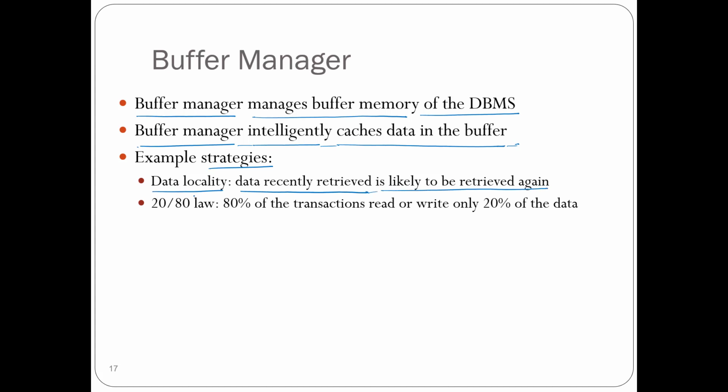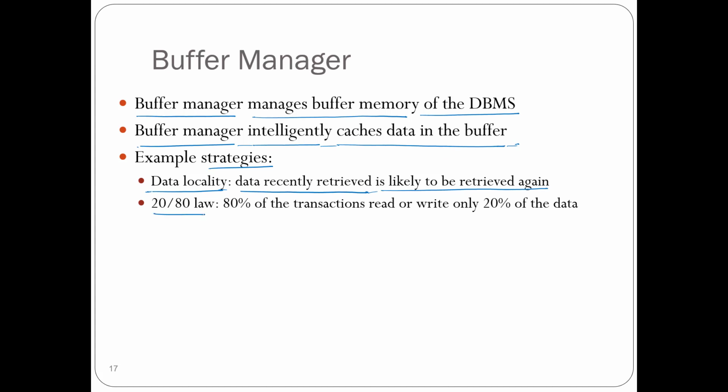This locality concept is also used in operating systems; we do paging and virtual memory, and there also data locality and temporal locality are important. Here, data locality can be exploited by the buffer manager because data which is recently retrieved is likely to be retrieved again, so we'll keep that in the cache.